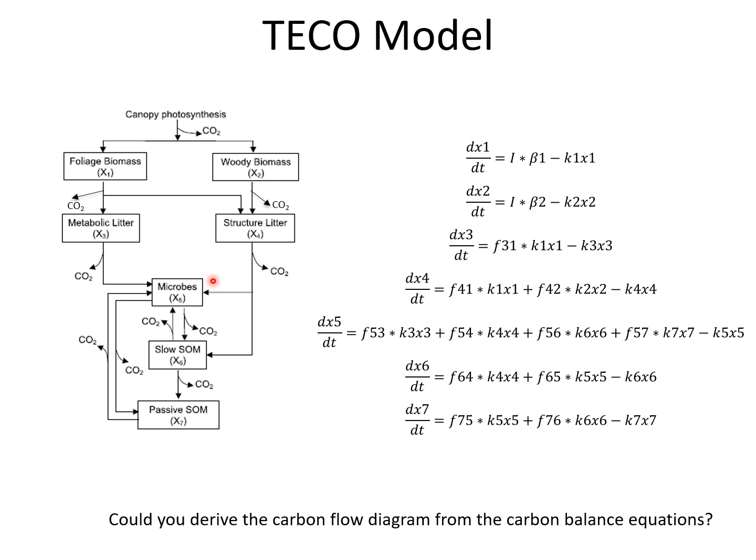I call this fraction F41. So the income flux from X1 to X4 goes as F41 multiplied by K1 and X1. Similarly, for the transfer from X2 to X4, it goes as F42 multiplied by K2 X2. As you can see, for the total outgoing from X1, a fraction is transferred to X4, and a fraction goes to X3, and a fraction goes as carbon dioxide into the atmosphere. So in theory, F41 should be smaller than 1.